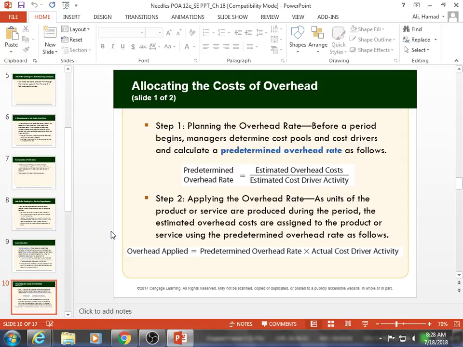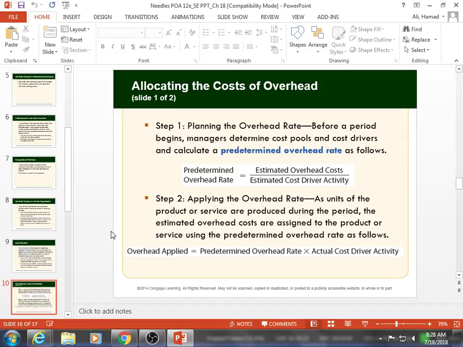Then you apply the rate to actual. Say the rate is $5 overhead per labor hour. You find out how many actual labor hours were worked and multiply by that rate.